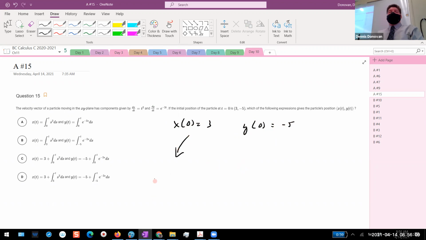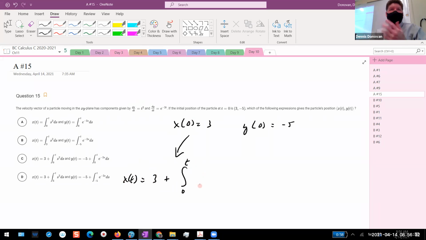So for x, we've got 3 plus the integral from 0 to t. This is x of t. So from 0 to t of that, we need to change the letter.